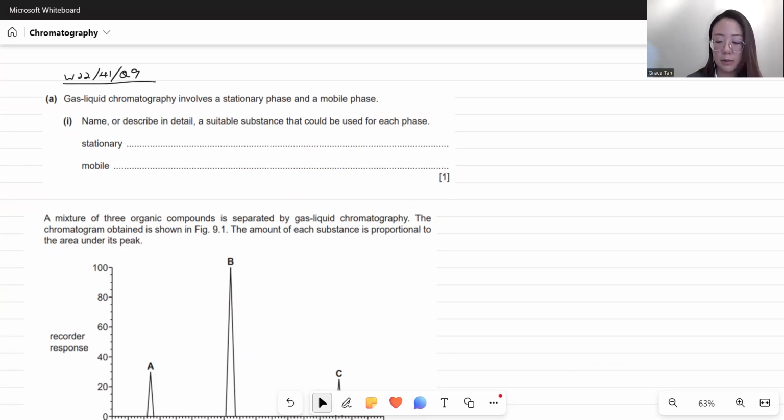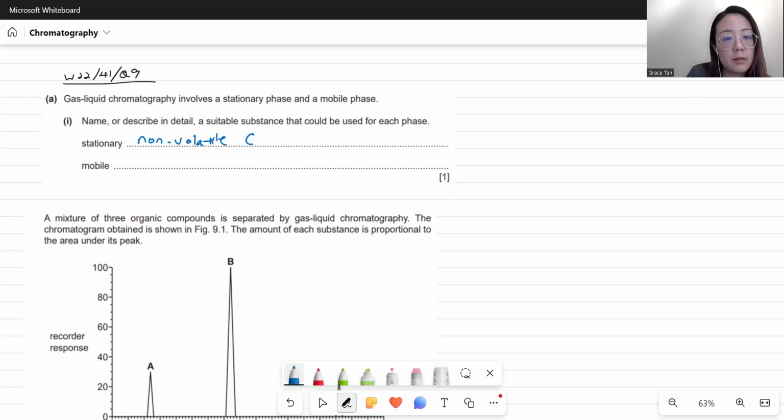Now, so let's look at this particular past year here on GLC. Now, so gas liquid chromatography involve a stationary and mobile phase. Now, number one, name or describe in detail a suitable substance that could be used for each phase. Okay, so they will normally ask what is your stationary, what is your mobile phase. So for stationary phase, can you still recall? It is a non-volatile, non-polar liquid that is coated at the inner wall.